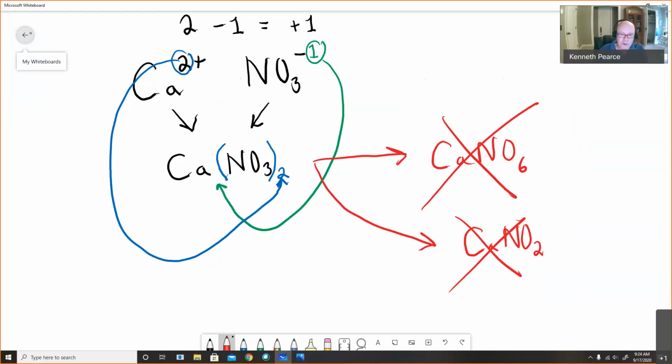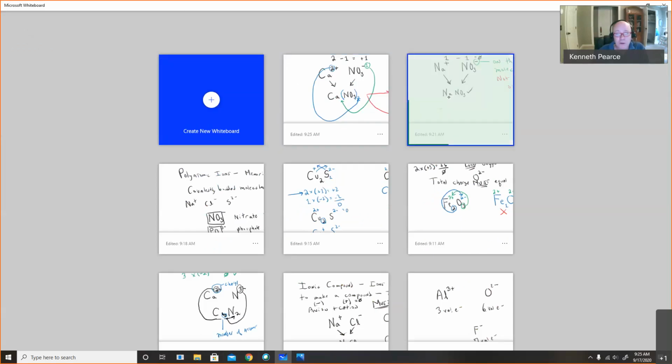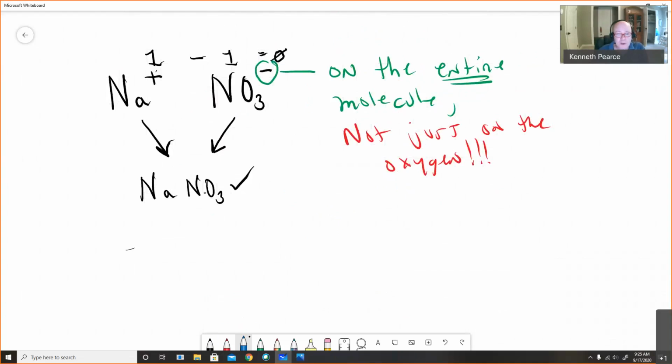Okay, so what we're doing is we're crossing the charges just like we did with just the elements. Like when we did, say, like aluminum and oxygen, we crossed the charges in that case as well, but we didn't have to put it in parentheses because there was just one thing. It's understood that 3 goes on to the oxygen. So we have to be very careful to make sure that we put those polyatomics in parentheses, if there's more than one, because back over here, there was only one NO3 nitrate ion.